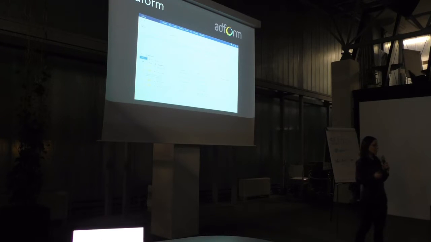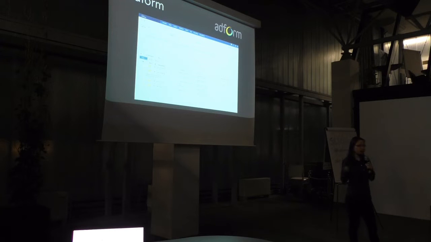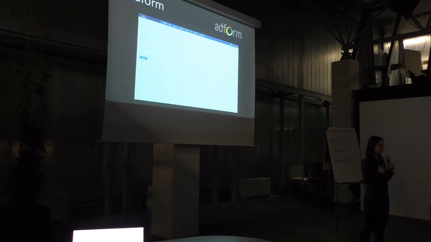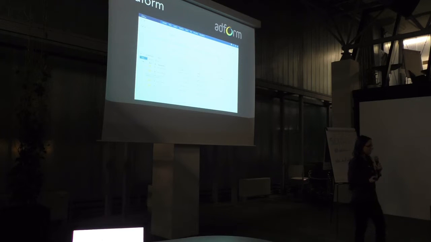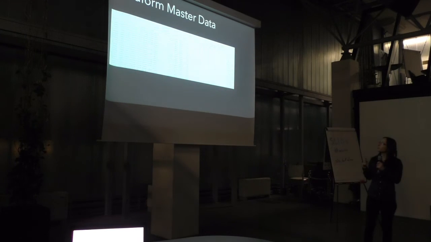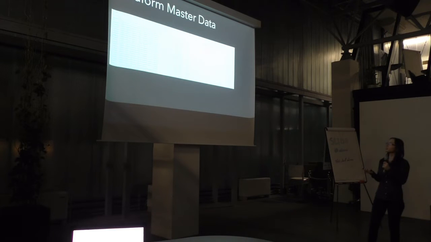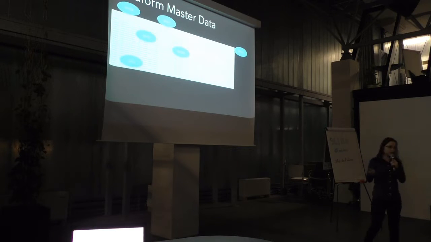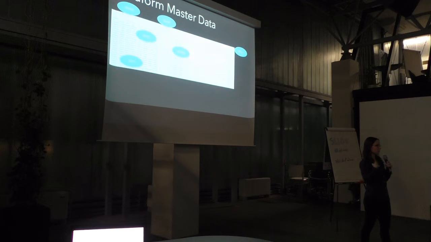AdForm is an online advertising technology, and it is one of the largest in the world. Thanks to the fact that it is private and fully independent, we are able to obtain the entire information about the ads we have bought, uncensored. The information looks like this, where each line represents a single banner, a single impression, as we say.